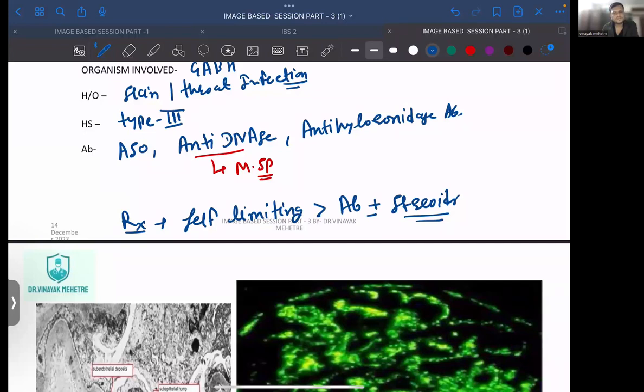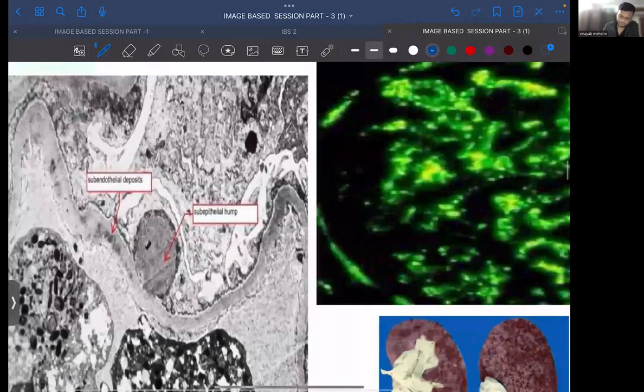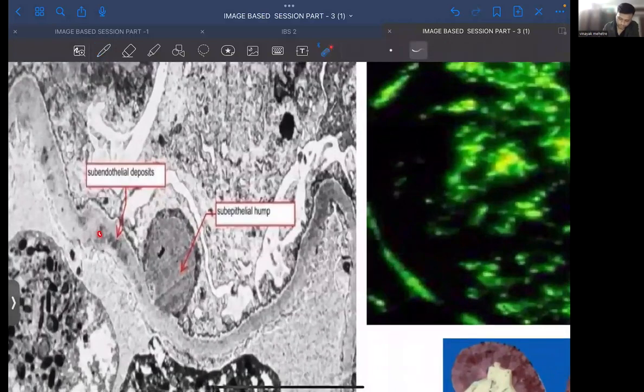Now tell me what you are going to see on electron microscope and on immunofluorescence. This is called as subepithelial deposits.